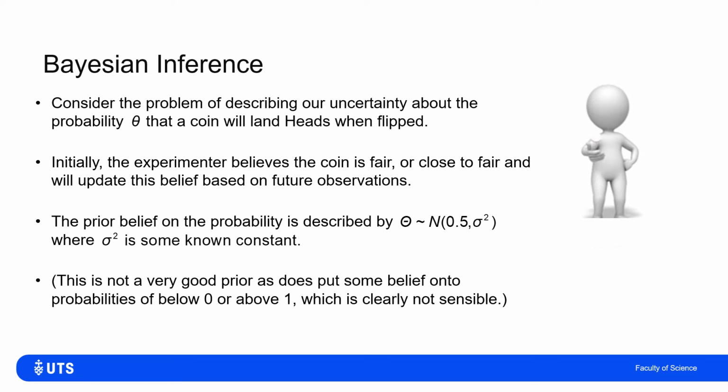So this distribution is actually putting some credence on negative probabilities or probabilities above 1. Now, in reality, if I chose sigma squared sensibly, the amount of credibility it's putting on there could be vanishingly small, but technically it's there. So this is not a great model.